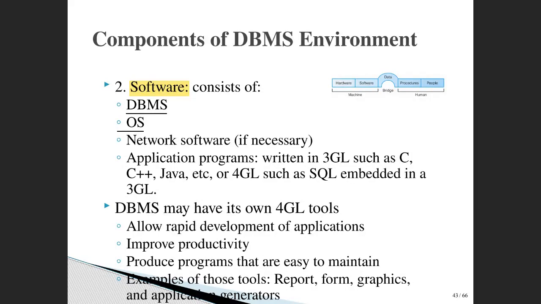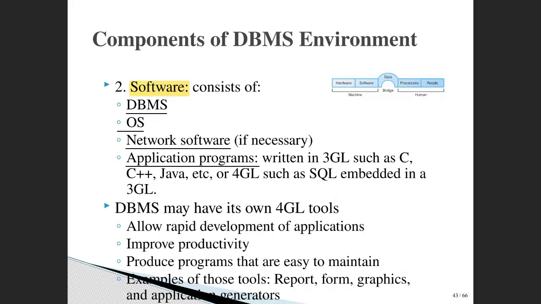For example, Oracle can work properly on Windows, but other kinds of database management systems require something like Linux. So there are many different operating systems that can be used along with the database management system. Network software, if necessary: if there is a network in the organization, there must be network software or an application for running the network.